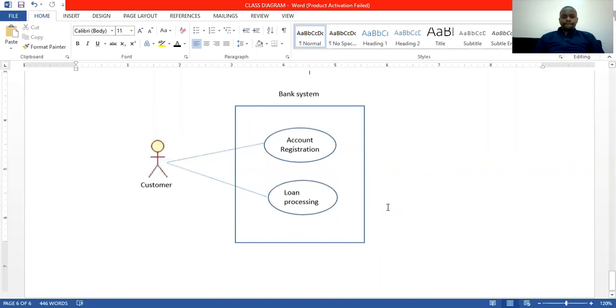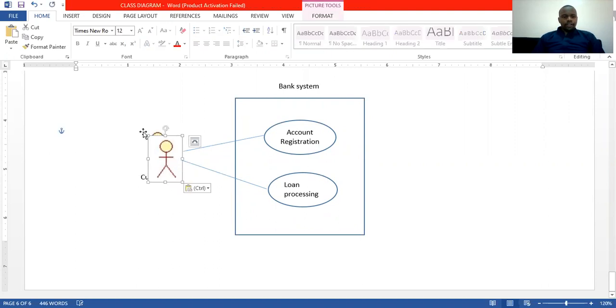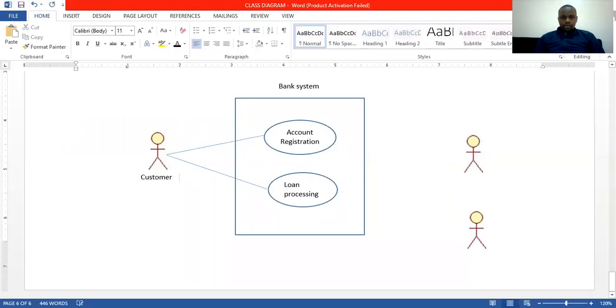Then we'll now have a branch manager, and then we are going to have the credit officer. So we just name them.